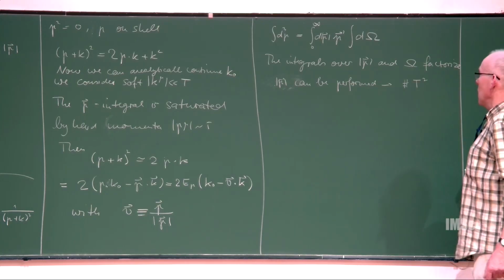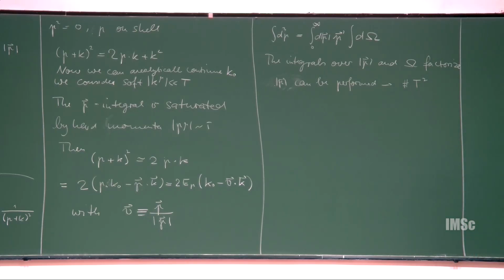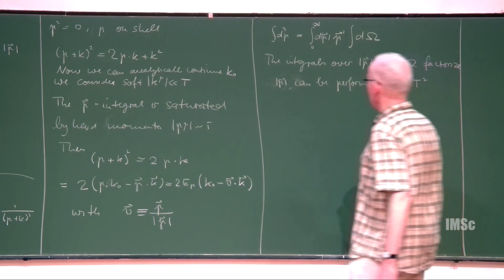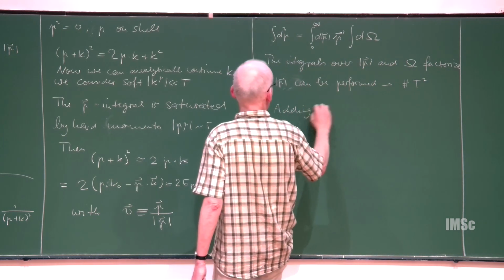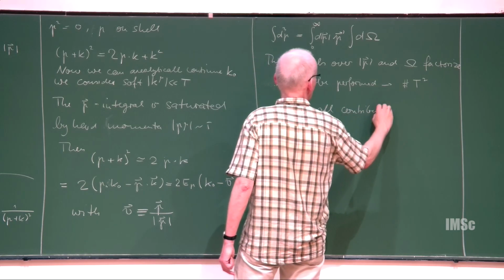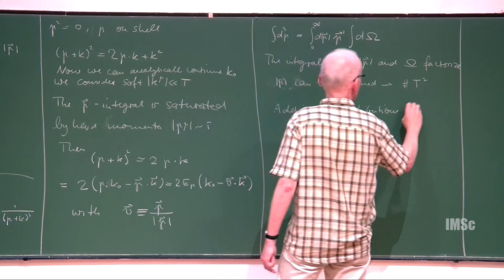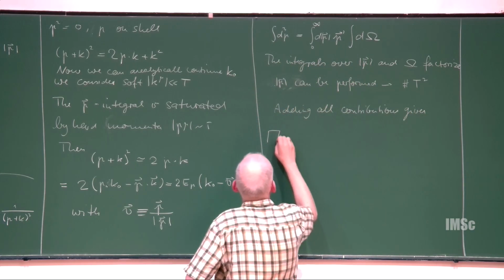So this is the typical hard thermal loop contribution, and then adding all contributions gives now the final formula for the hard thermal loop.